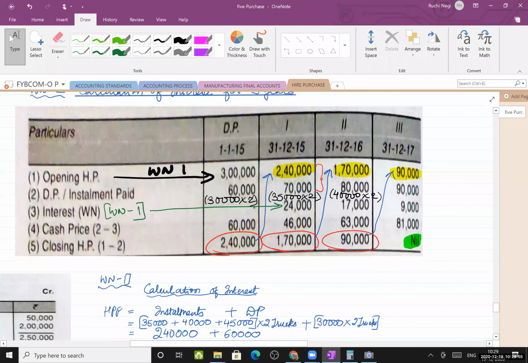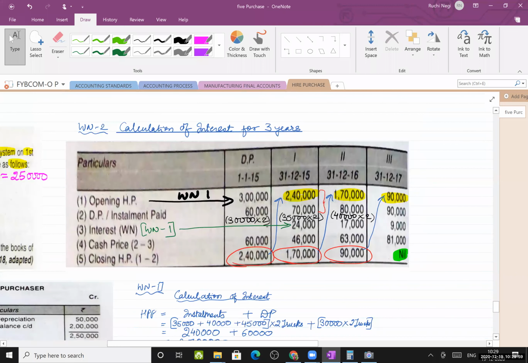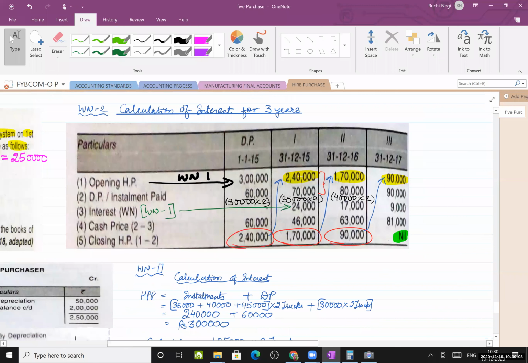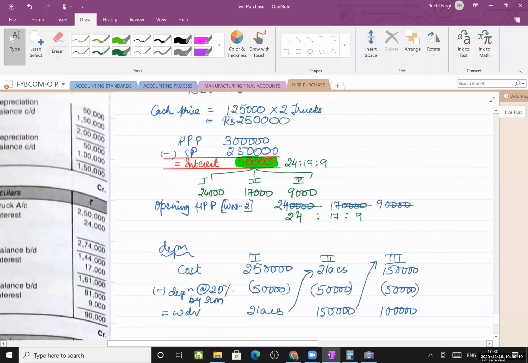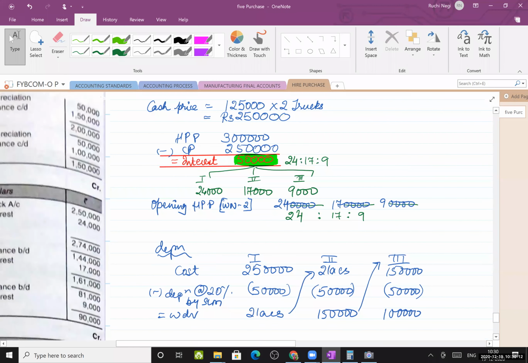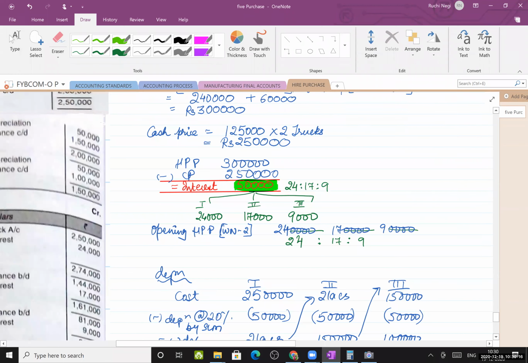So, if rate of interest is not given, this is how you are going to calculate interest. Interest will be on which value, dear? On the opening hire purchase price. Rate of interest is not given, that is why. So this is the way you will find it.